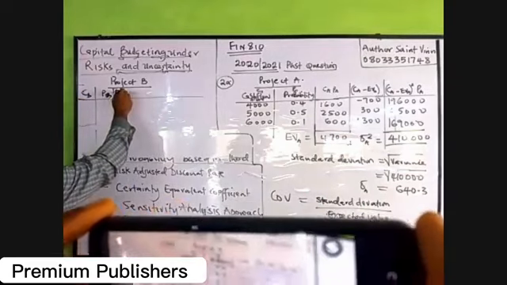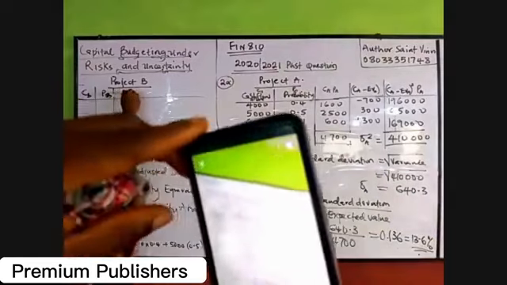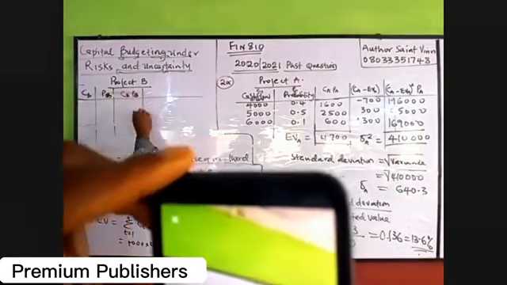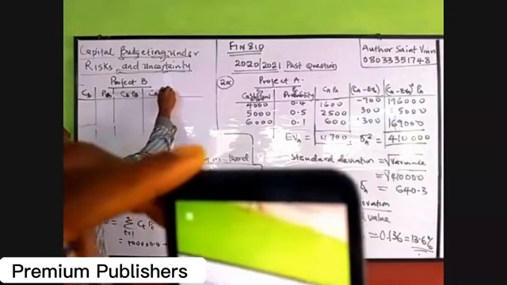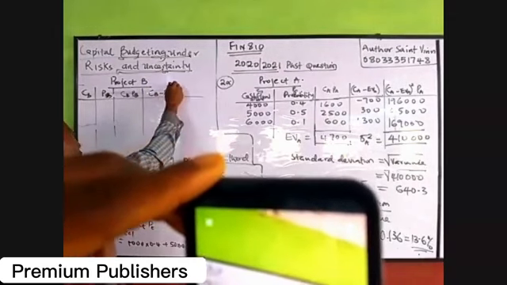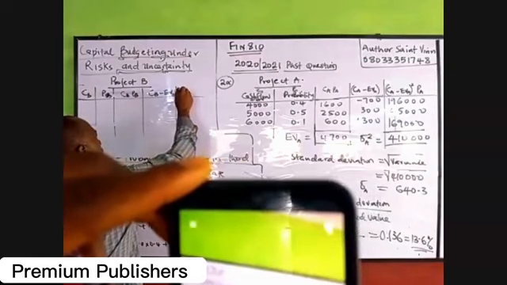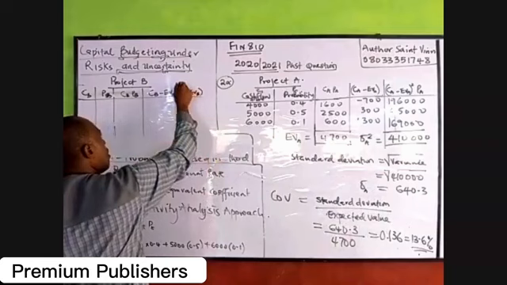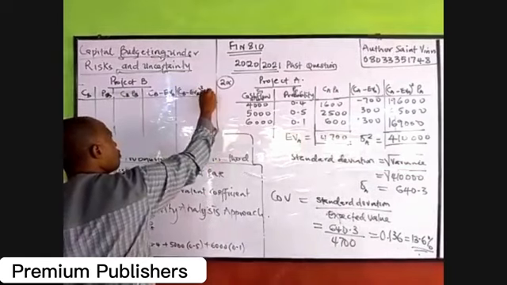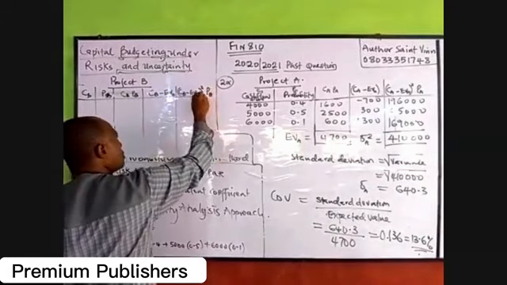What is it again? CB. They know that. CB minus EB of B. Then CB minus EB B, all raised to power 2 multiplied by what?